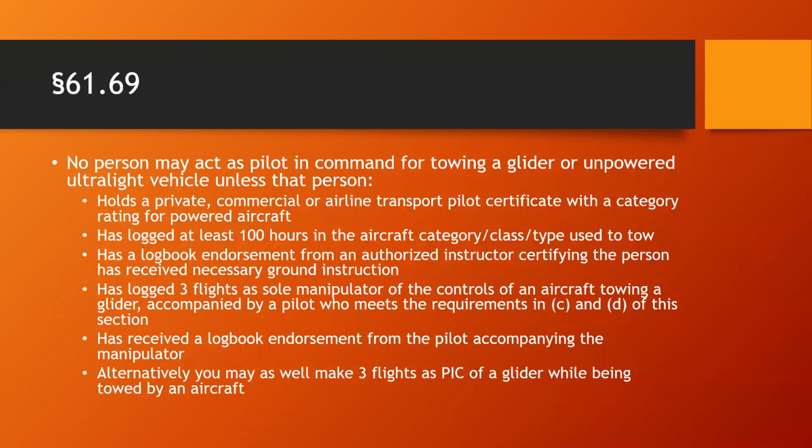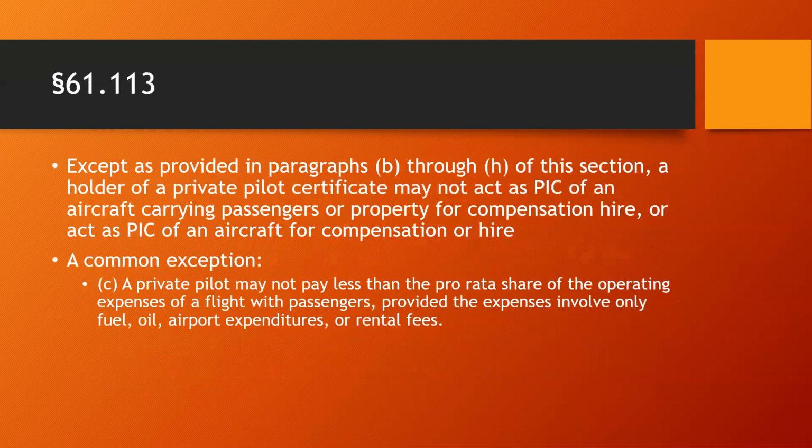And there's a special logbook endorsement for this as well. So as long as you fulfill all these requirements, you can go up and tow gliders. If you have a glider license as well, this is kind of the caveat to this. If you just go up and do 3 flights while being towed, you also fulfill these requirements.